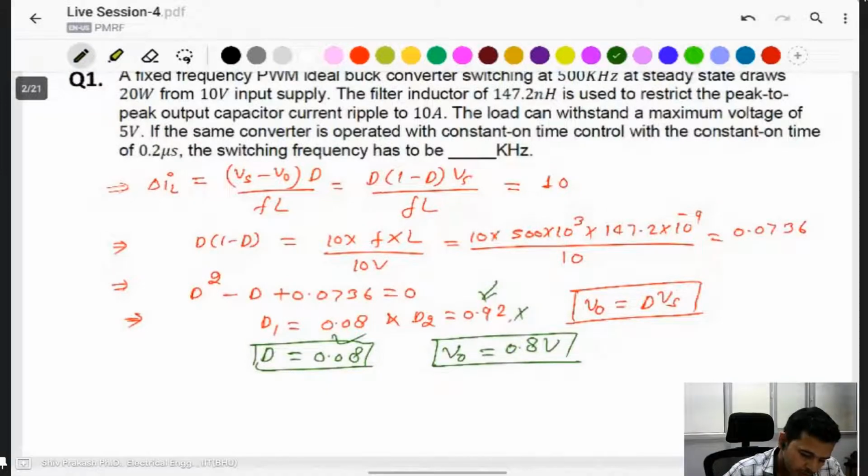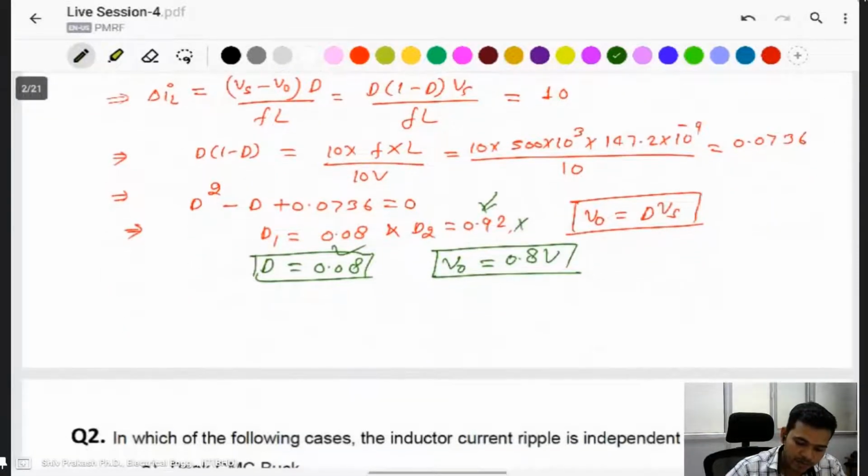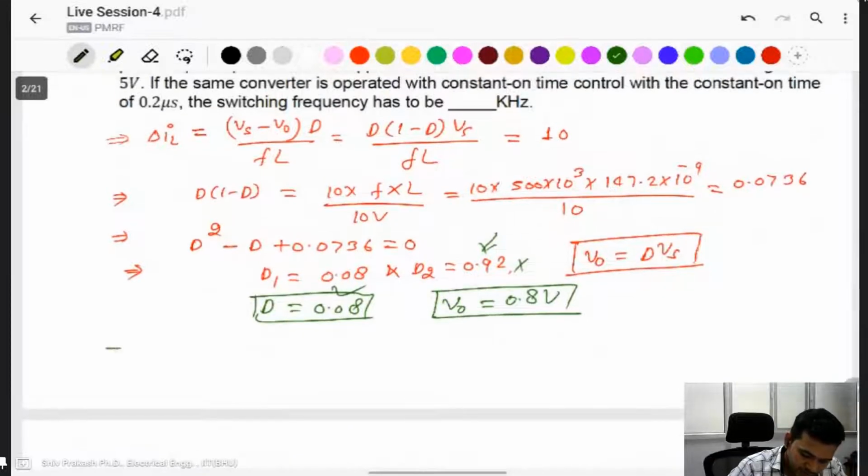Okay, the same converter is operated at constant on time. Constant on time means DT is a constant. DT is on time.